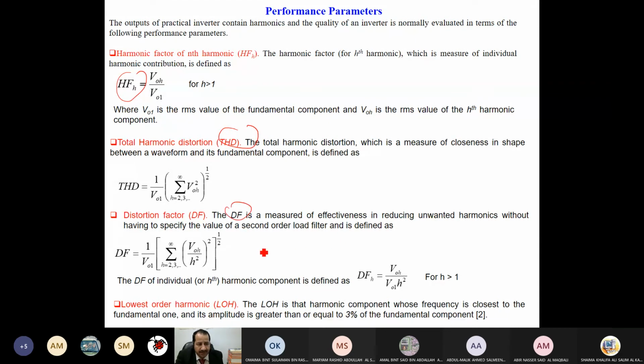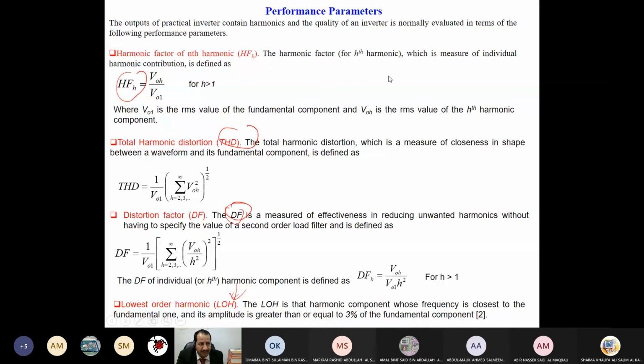And distortion factor: you remember when I talked about distortion, part of the distortion is an AC signal with double the frequency, which is filtered using a second order filter. So how much is the distortion without using a second order filter? That gives me the distortion factor. Lowest order harmonic is the closest harmonic to the fundamental.